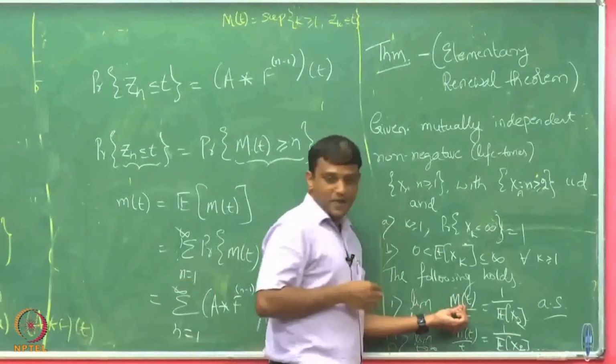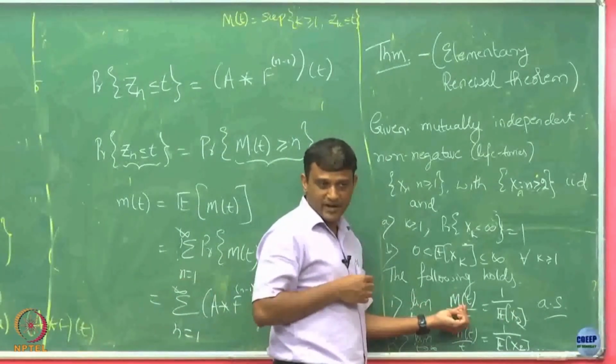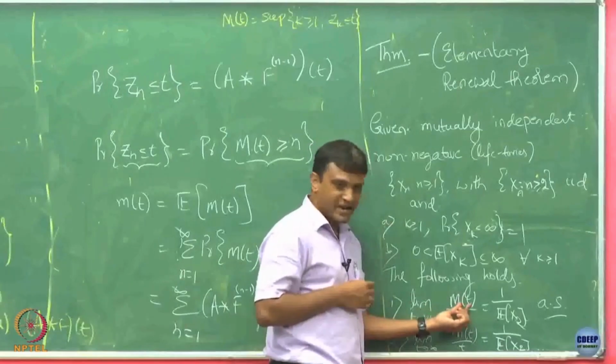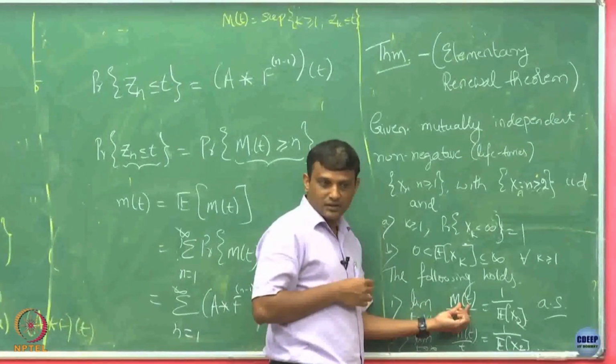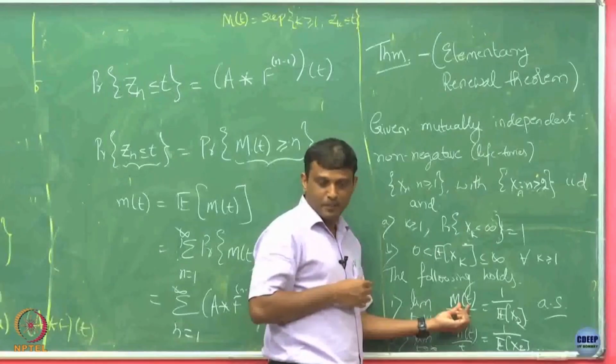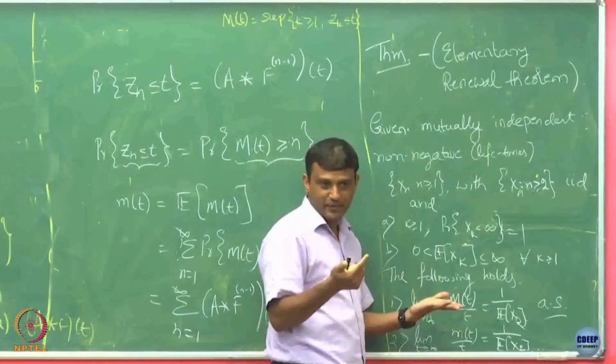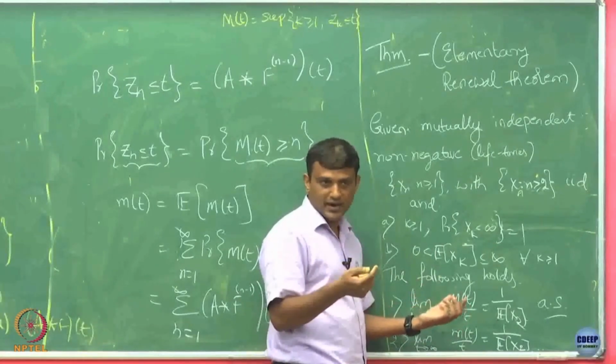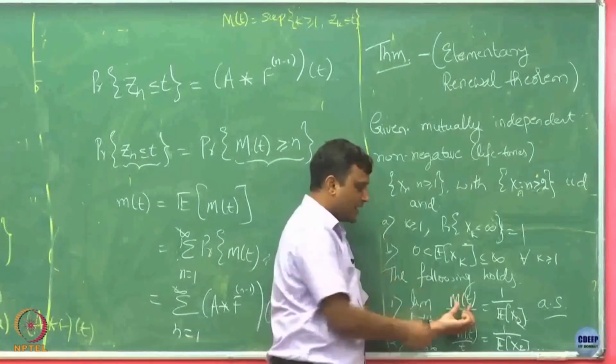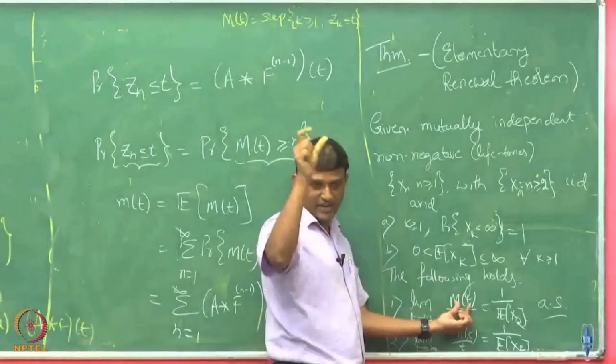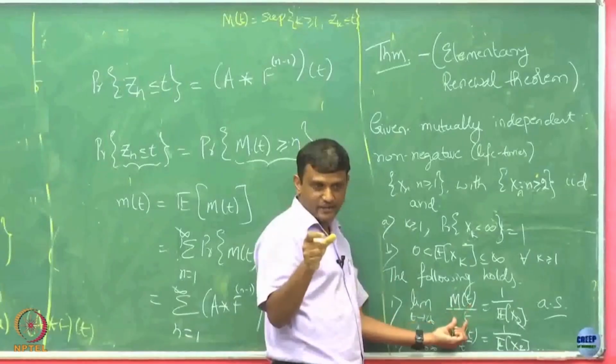M of t is the number of renewals that have happened in time t. So per unit time, how many renewals are happening, right? Some number M of t of renewals have happened in the interval 0 to t, and we are dividing it by t.